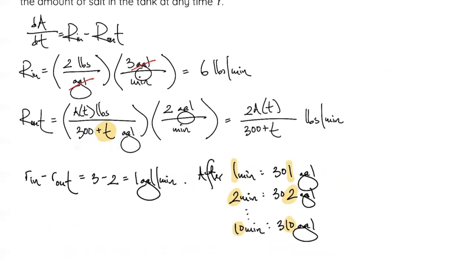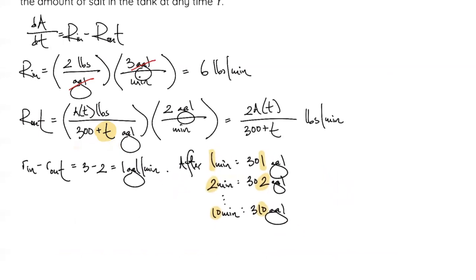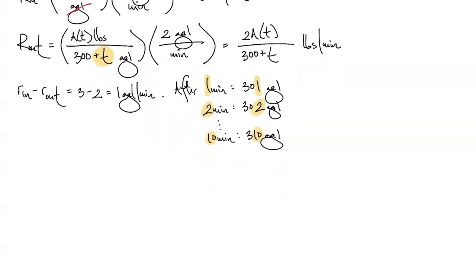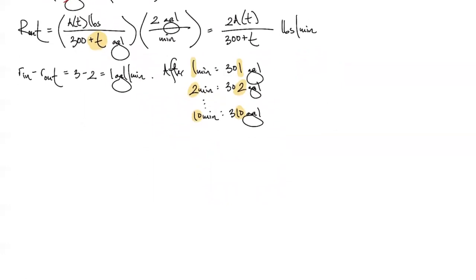All right, so when the input and the output rate are not the same, we do have to compensate for how many gallons we have in the tank. Now we're ready to say, here's our differential equation. I'm going to say that the rate in, the amount of salt coming in, is 6 pounds per minute, and the amount leaving is 2A over 300 plus t.